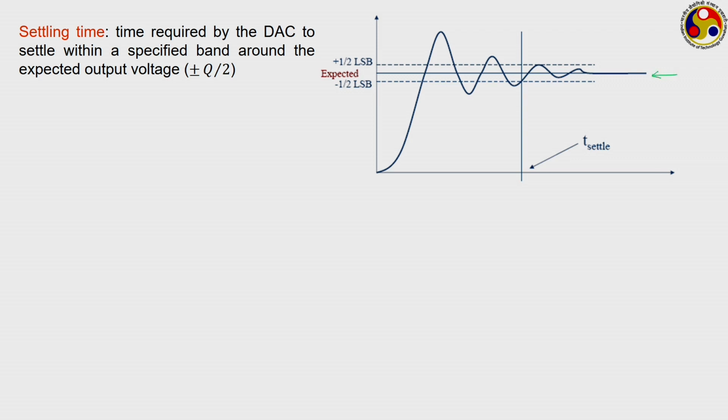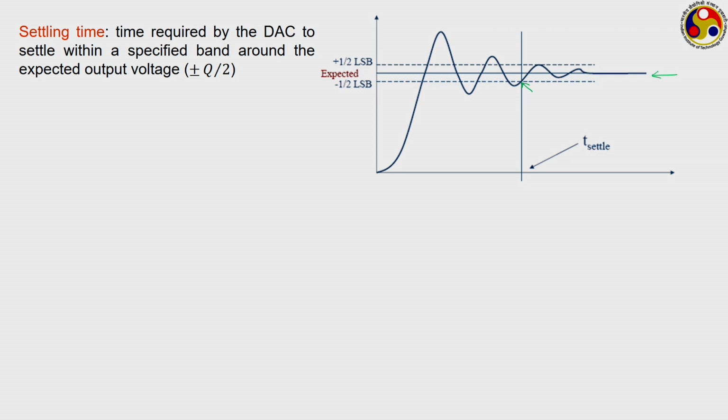However, depending on the way your converter is working, we get a curvilinear representation where initially there is a large overshoot and then it gradually decreases to get settled within this band. So, we can allow a maximum of plus minus q by 2 error, and once the output gets settled, like if you look, say this is the point, after that the output value is always within that plus minus q by 2 range, and this is what we refer to as the settling time.